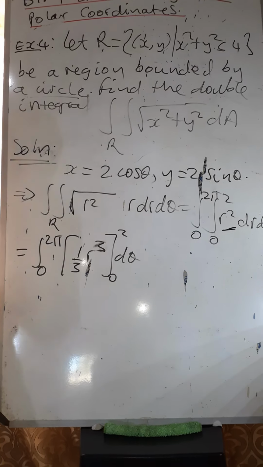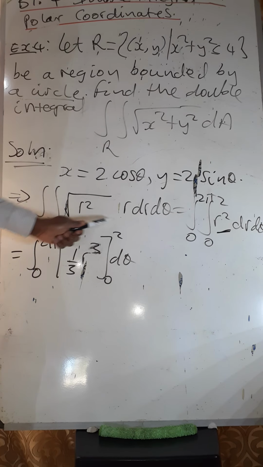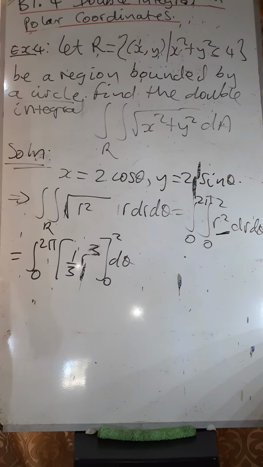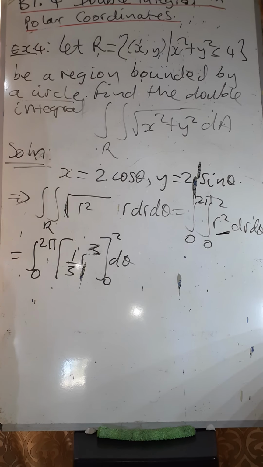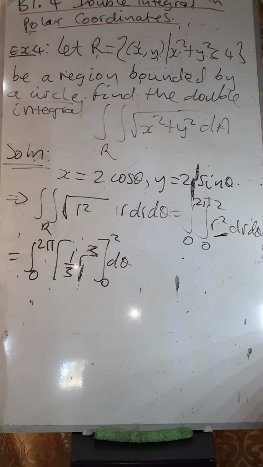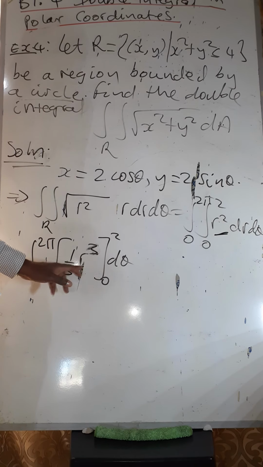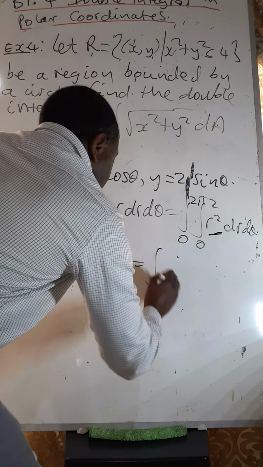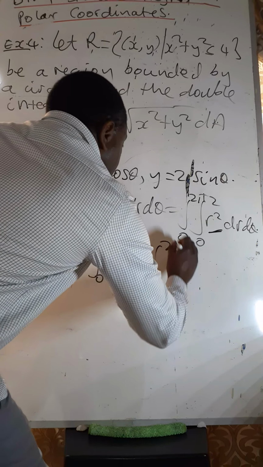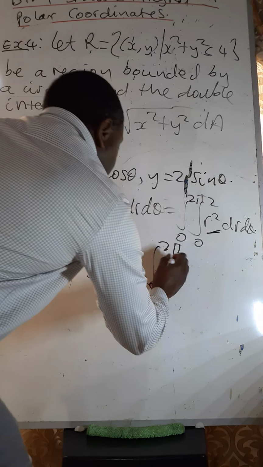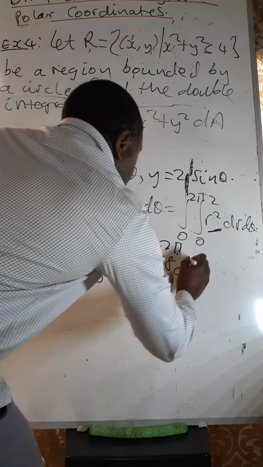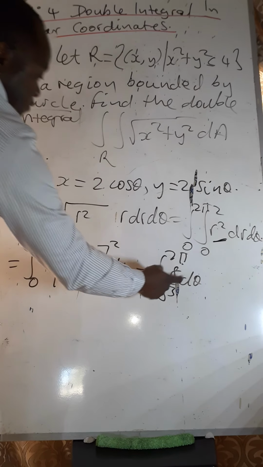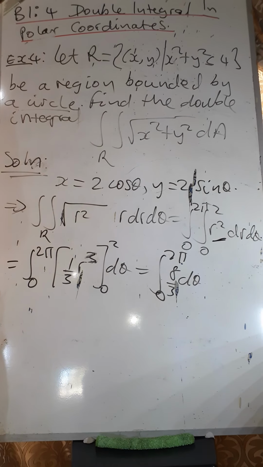Then you substitute 2 into r, that's 2 to the power 3, divided by 3 minus 0 to the power 3 divided by 3. So it will be simply 0 to 2 pi, then 8 over 3 d theta. Okay? Then you integrate this with respect to theta.